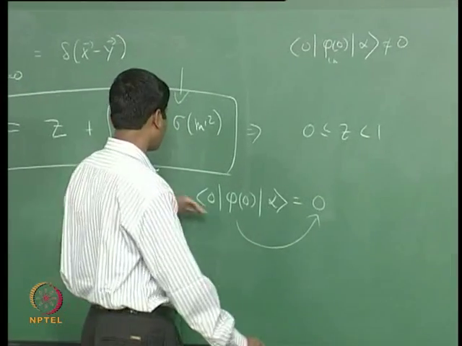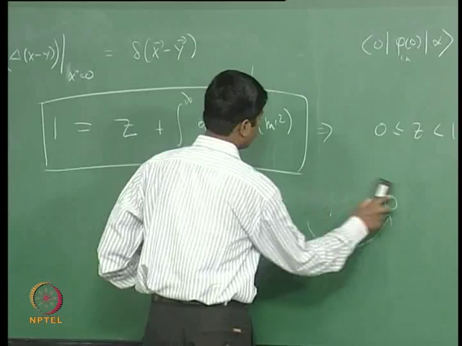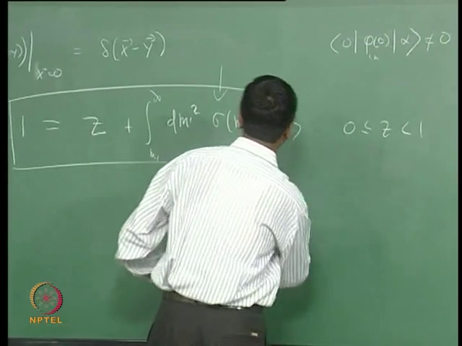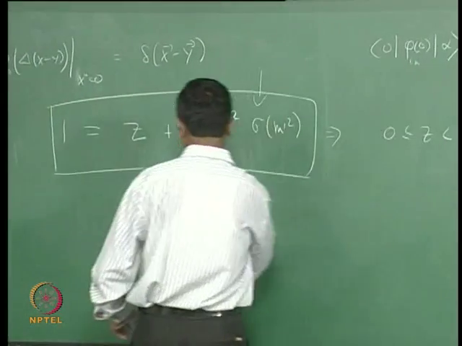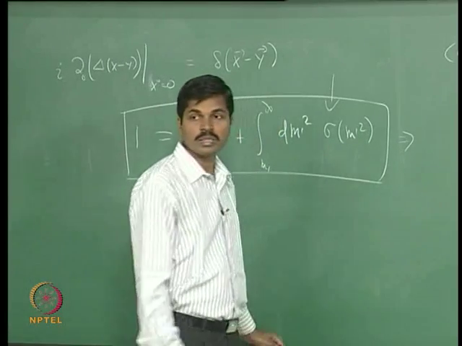So, you essentially land up in a free theory. So, to have an interacting theory, you have this z, which is a number which is less than 1. Okay. Any question after this?